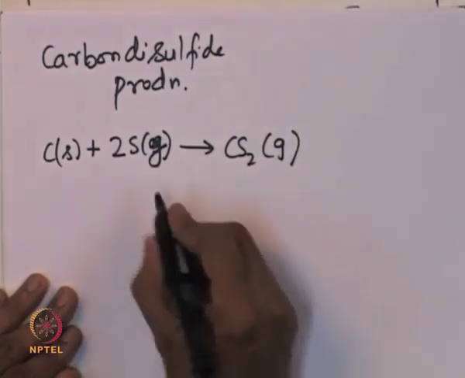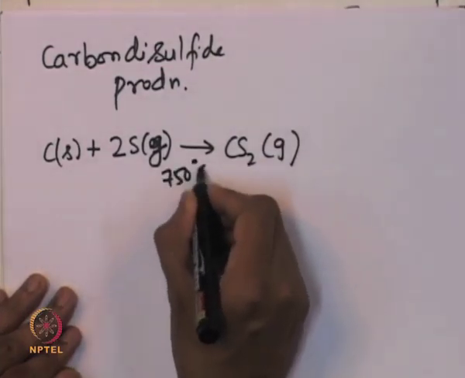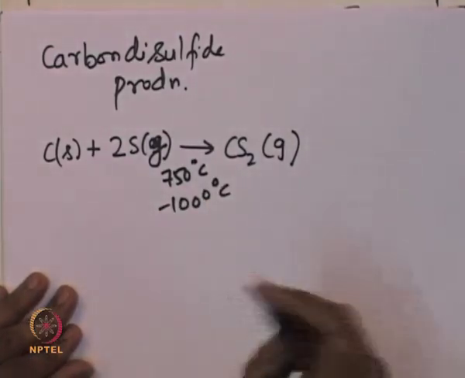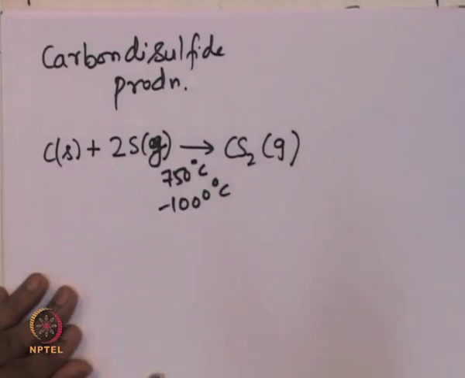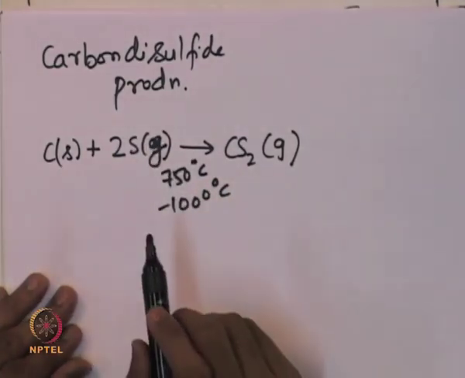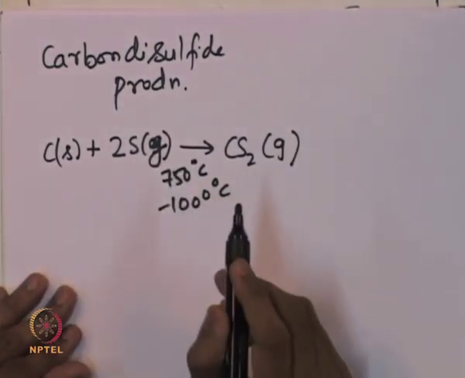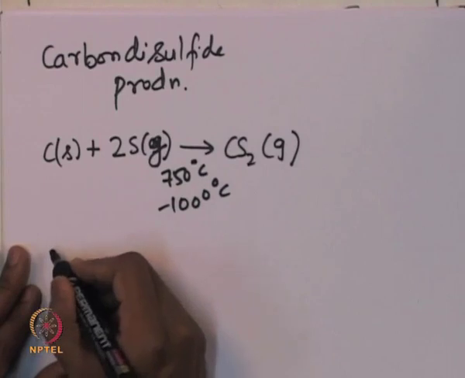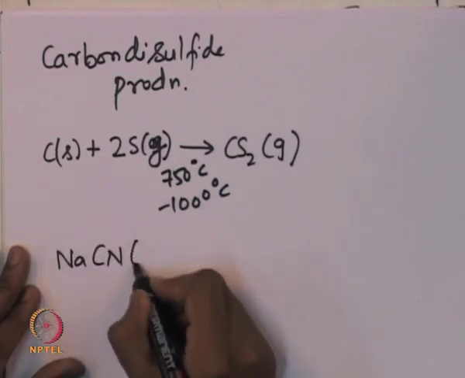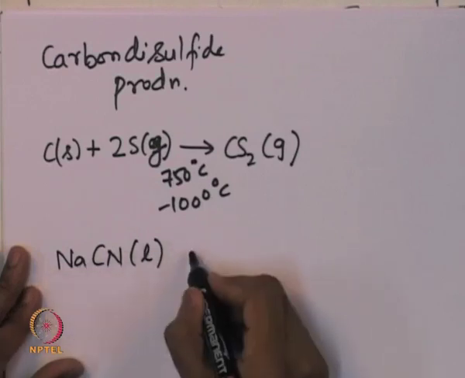This typically occurs at 750 to 1000 degree C, so that is at a very high temperature. Carbon in the solid form, again present as a solid core, and sulfur in the gas stream react to form carbon disulfide. And another example is the manufacture of sodium cyanide.